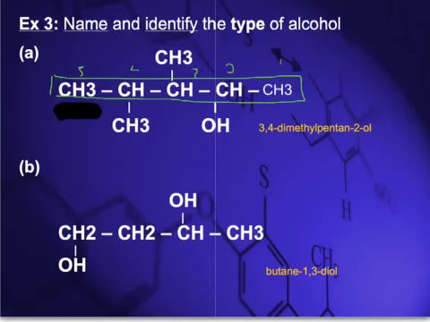Now we notice that there are methyl groups at position 3 and 4, so this compound is called 3,4-dimethyl. There are 5 carbons in the main chain, so this is a pentane compound. But remember, we drop the E and add OL and indicate the position of the OH using a number. So the total name of this compound is 3,4-dimethylpentan-2-ol.